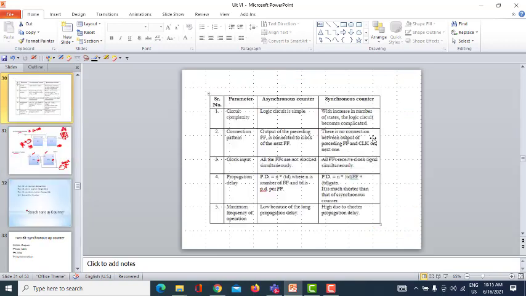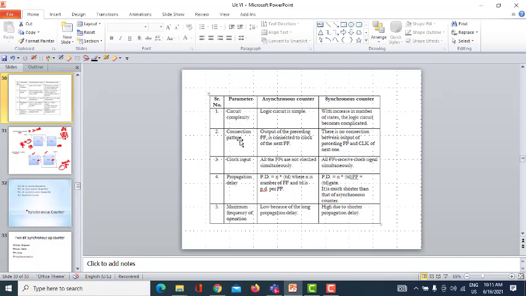So, coming to the differences, I will just tell whichever is suitable at this stage. Okay, only those differences I will focus on now. Clock input: as I said, in your asynchronous counter, all the flip-flops are not clocked simultaneously, whereas in a synchronous counter, all the flip-flops receive the clock signal simultaneously. And what will be the connection pattern?